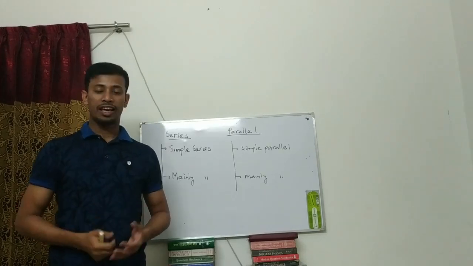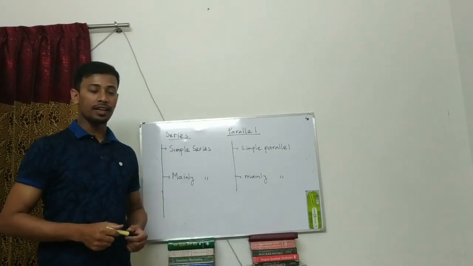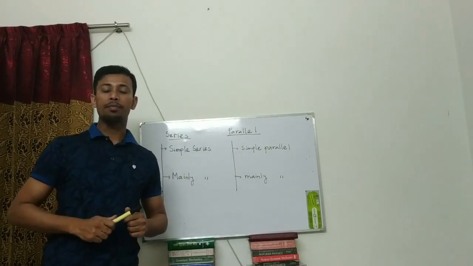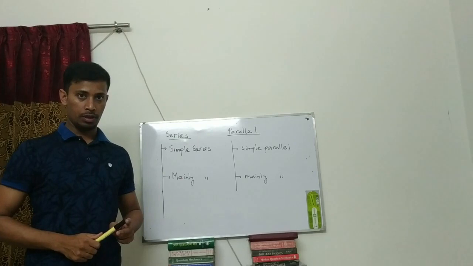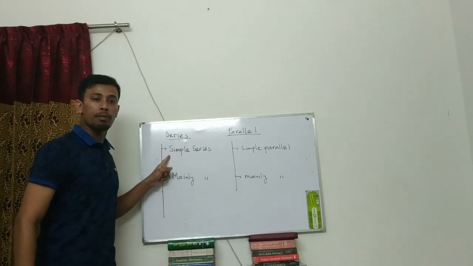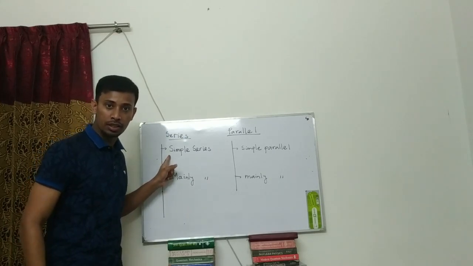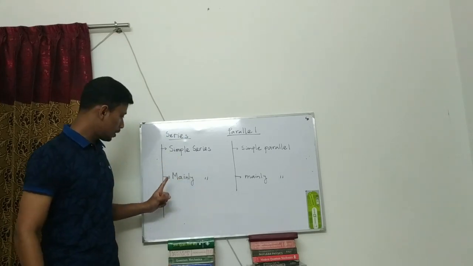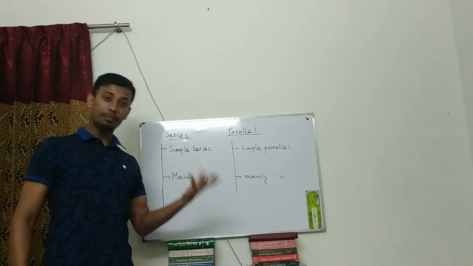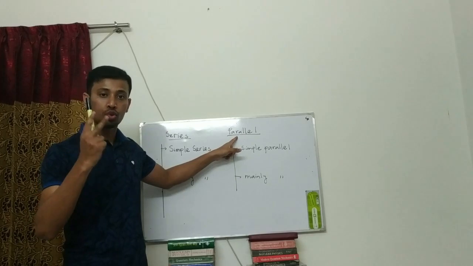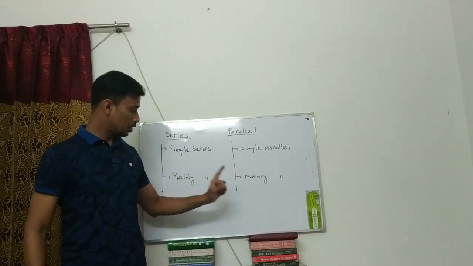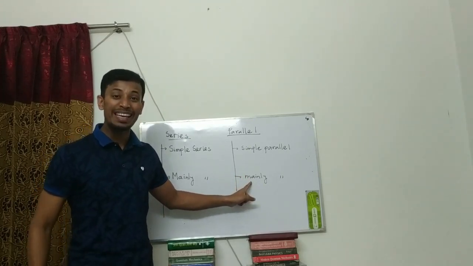As I already said, there are two types of circuits, series and parallel. Each type has two types more. Series is divided into two parts. Number one is simple series circuit, and number two is mainly series circuit. Similarly, parallel has two types. Number one, simple parallel, and number two, mainly parallel.